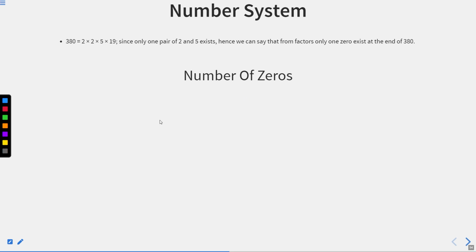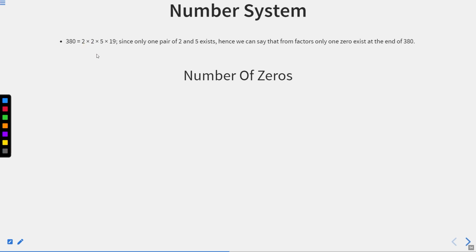Okay, so here we have an example, 380. 380 can be written as 2 into 2 into 5 into 19. So here we can write 2 to the power 1 and 5 to the power 1. If there was another 5 here, then we could have written 2 square into 5 square.